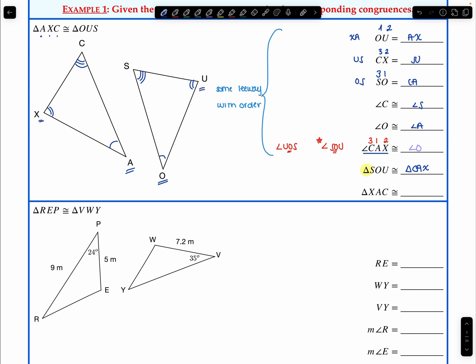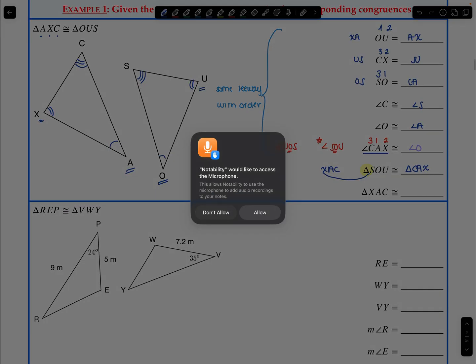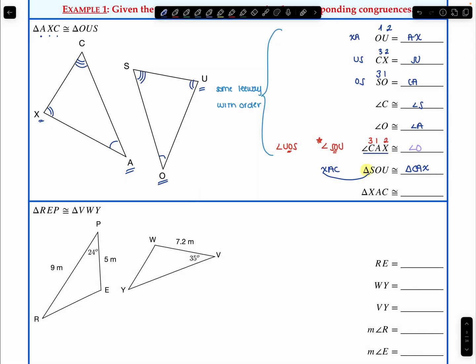We can't reverse this. We cannot write XAC because then that would mean that X matches with S, and it doesn't. It doesn't because X here has 2 wedges, and S here has 3. It just doesn't match up. A here should match with O. A has 1, O has 2. That part matches, fine. And then C here should match with U, but C has 3 wedges and U has 2.